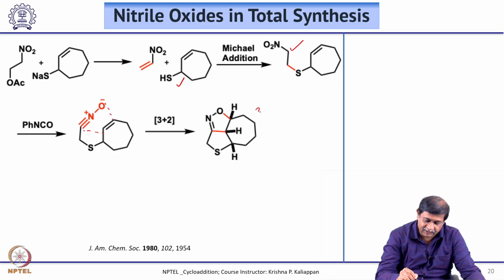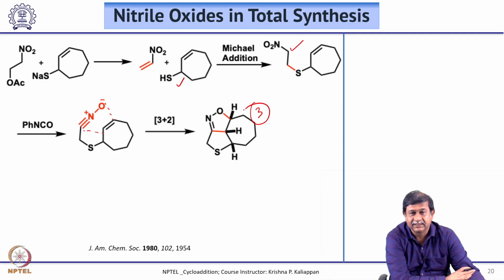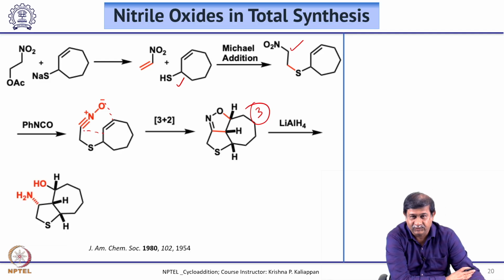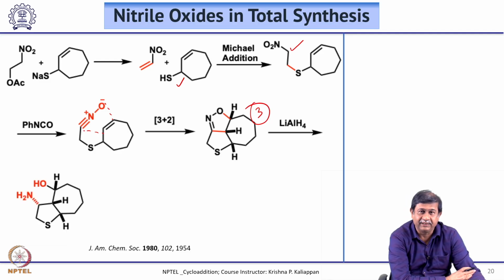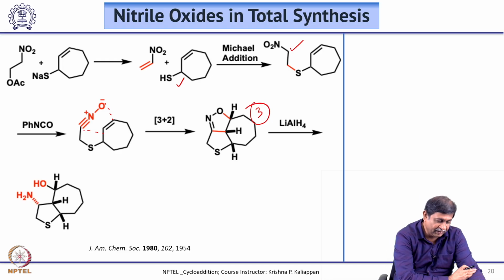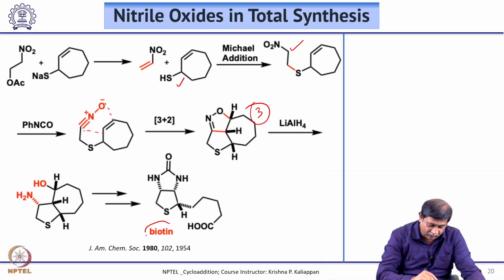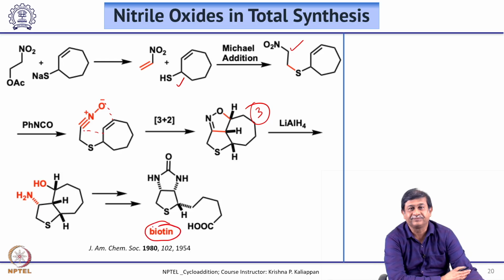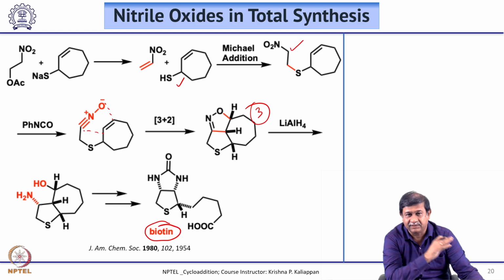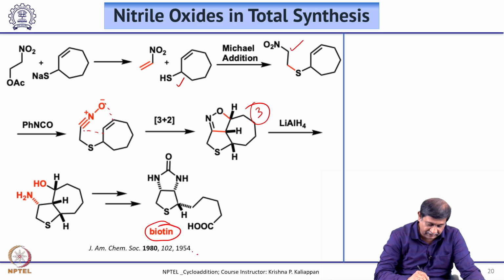So basically here you see you get 3 rings, and this has been successfully used further by reduction of this isoxazole to give the corresponding amino alcohol, and later that was converted into a vitamin called biotin. Okay. So this was a key reaction in the total synthesis of biotin reported in this paper.